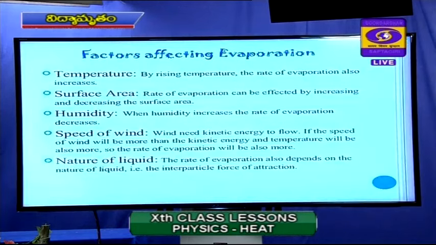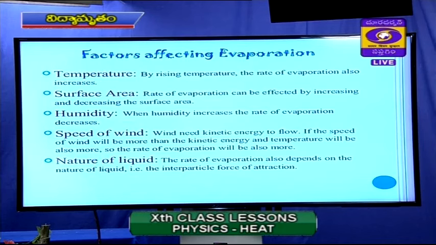Okay, now let us sum up the factors affecting evaporation. Temperature: by raising the temperature, the rate of evaporation also increases. That means at constant temperature, I told you that I kept the parameter constant. If I didn't keep the parameter constant, that will affect the evaporation also.